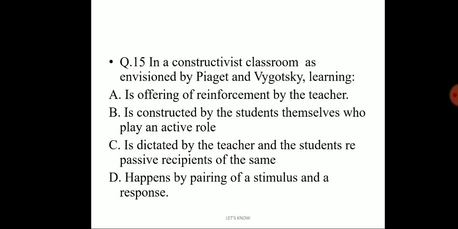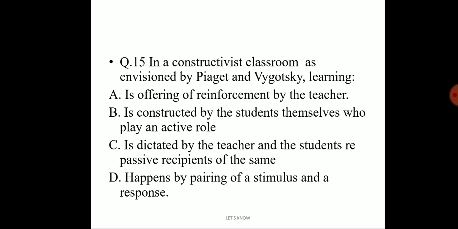C is given, is directed by the teacher and the students are passive recipients of the same. Yes, in this option it is said that the teacher and the students are passive recipients to one another.